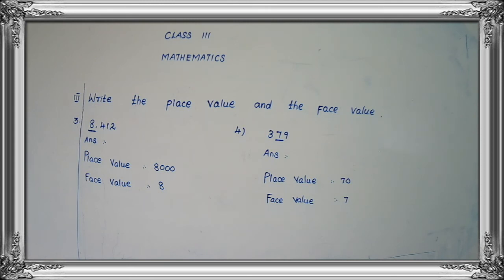Hundreds place. Are you sure, children? Yes. So we have to write 400. 400 is called 400. Then see the second.